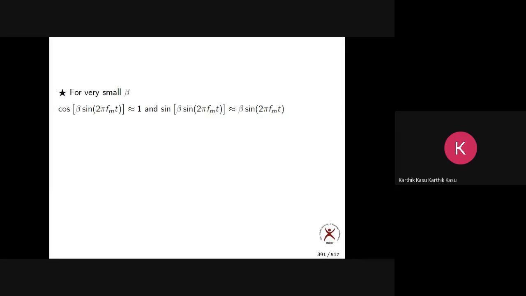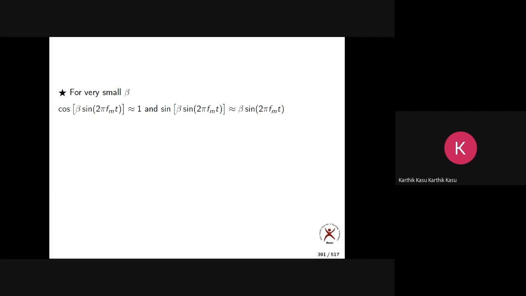You might already know this: if theta is very, very small, cos theta is approximately equal to 1, and sin theta is approximately equal to theta.